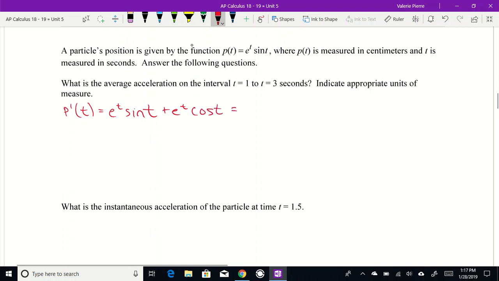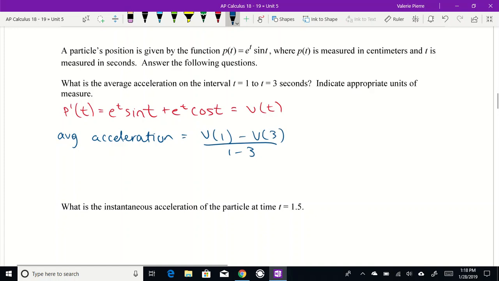And p prime of t is v of t. So average acceleration is equal to v of 1 minus v of 3 over 1 minus 3. So I'm plugging in 1 and 3 into this equation, and we get negative 10.403 centimeters per second squared.